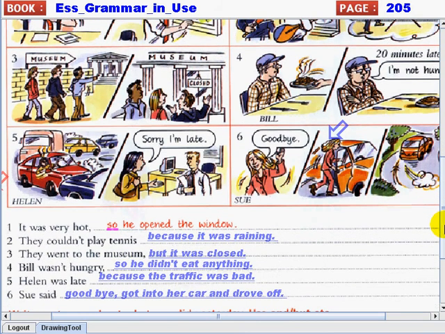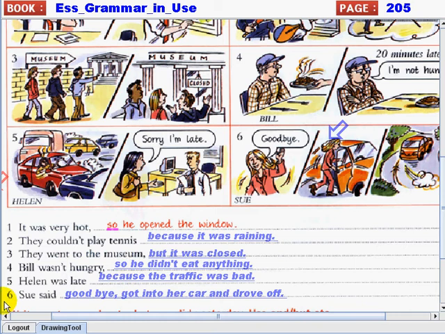Fourth, Bill wasn't hungry, so he didn't eat anything. Helen was late because the traffic was bad. It says reason, right? That's why we use the conjunction because.